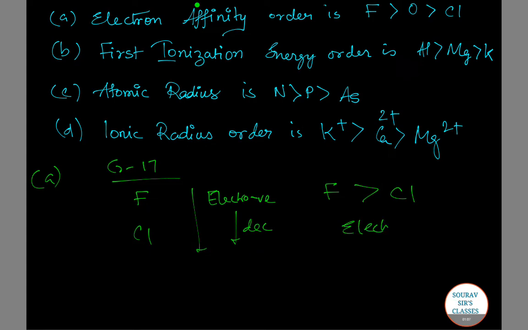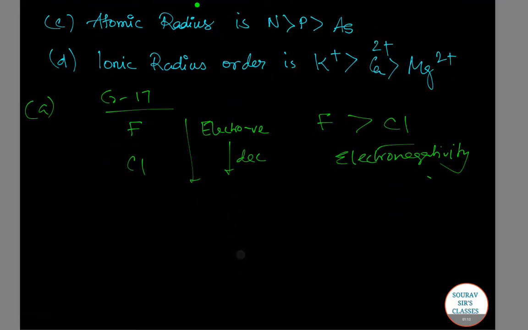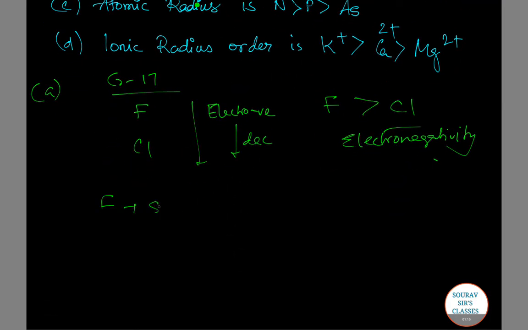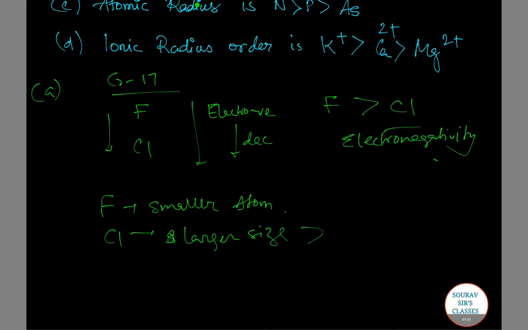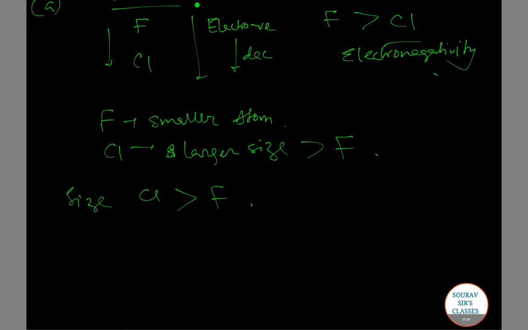This is the electronegativity order, but we have to remember that F is a smaller atom, whereas chlorine, being situated below fluorine, has the added advantage of getting another subshell, so it has a larger size. So size wise we have chlorine greater than fluorine, whereas electronegativity order will be F greater than Cl.